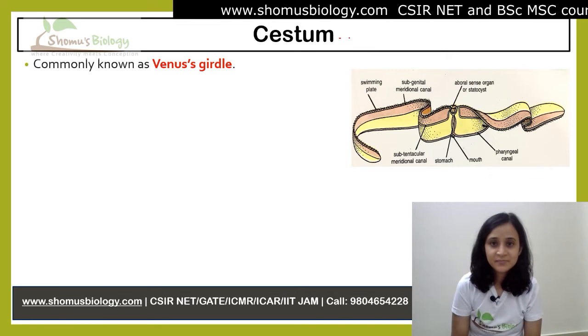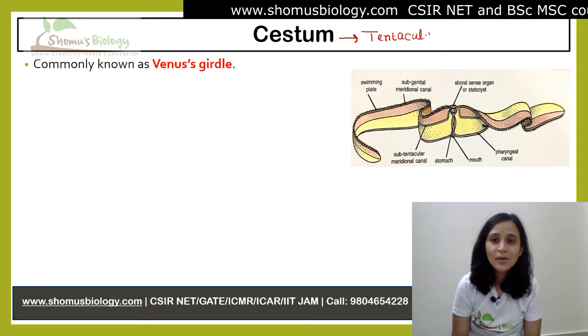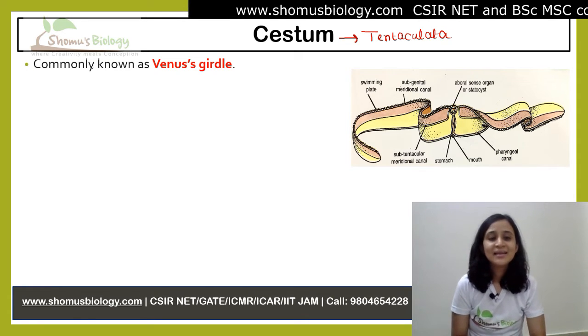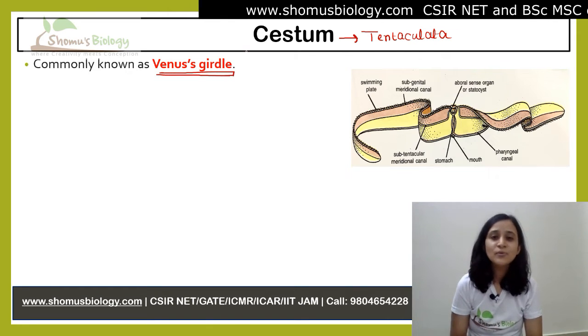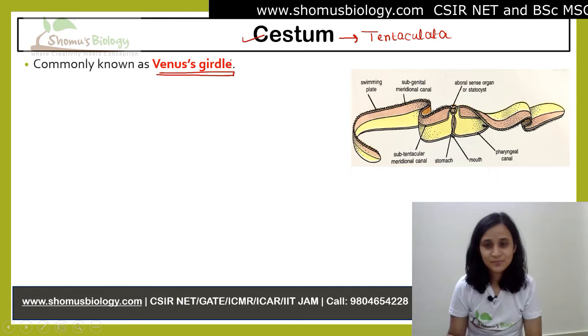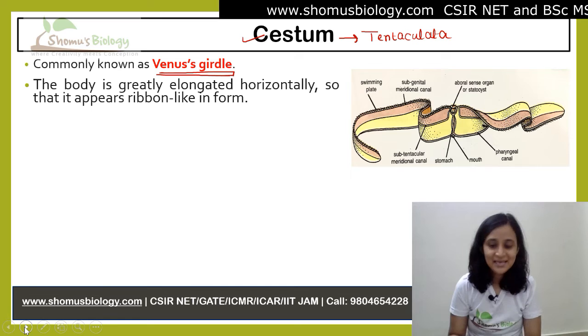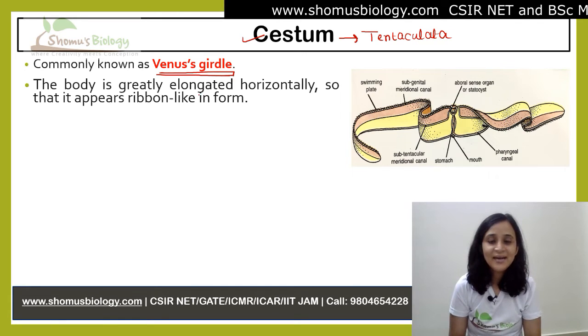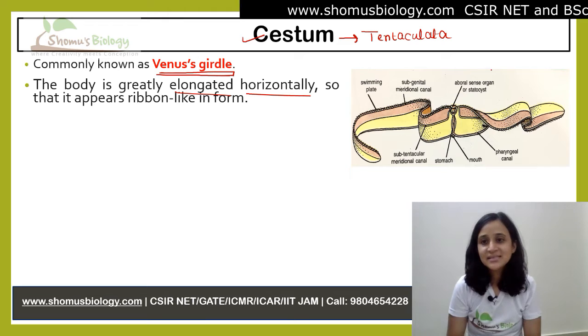Okay, so it is Tentaculata, and it is commonly known as Venus girdle. So we identify this Cestum as Venus girdle also. And the body is greatly elongated horizontally, right? So body is greatly elongated and that is horizontally. So this is the body.